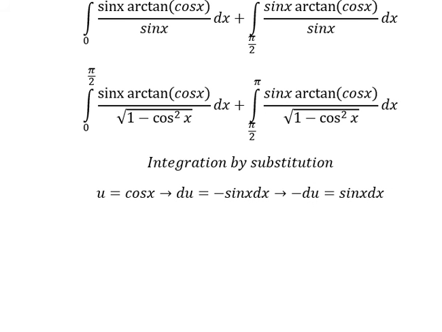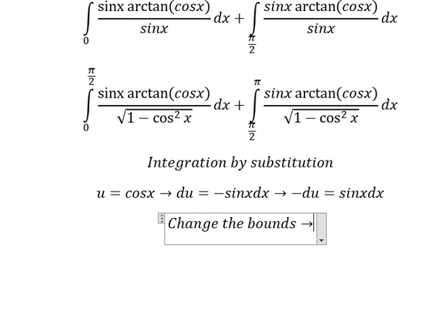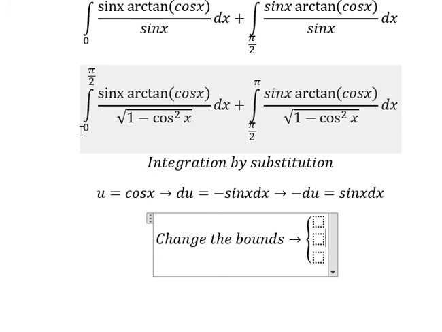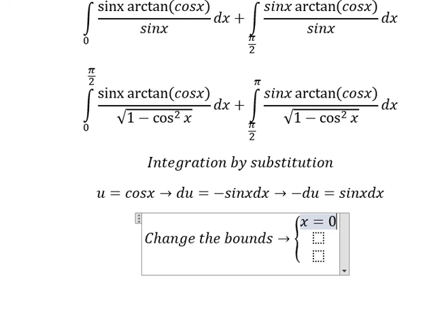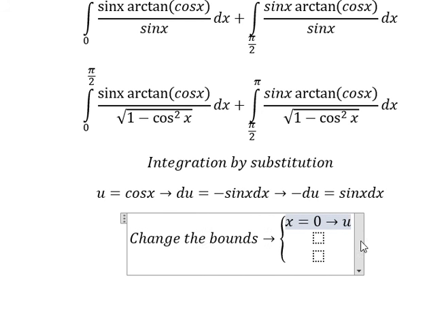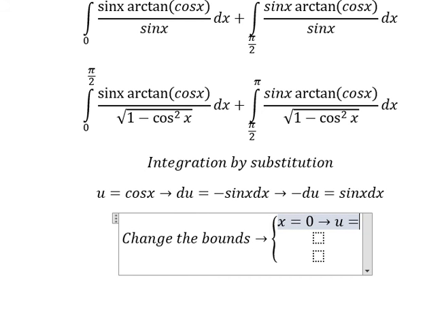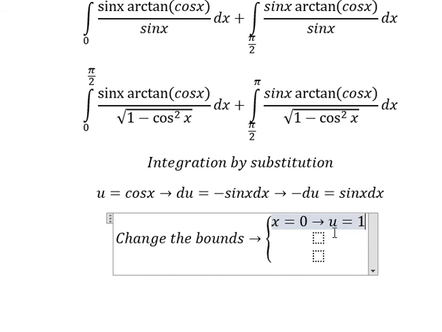Next, we need to change the bounds. So we have 3 bounds in here: 0, pi over 2, and pi. So when s equals number 0, we put number 0 in here, so we have u equals number 1.